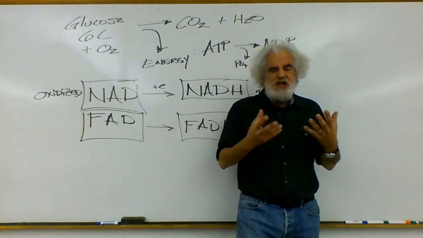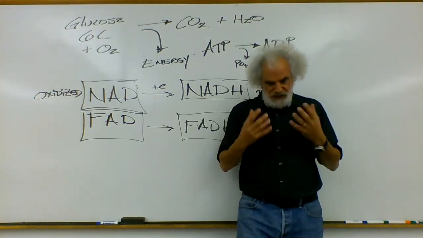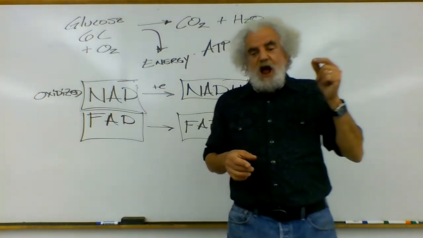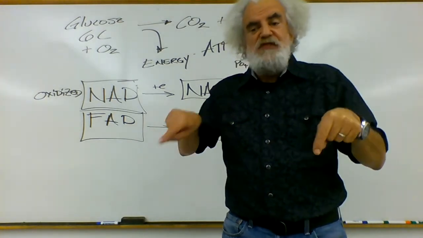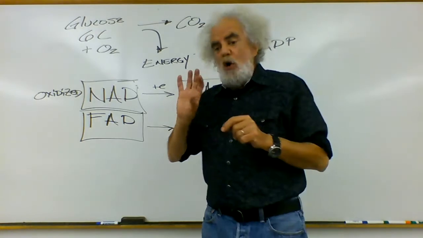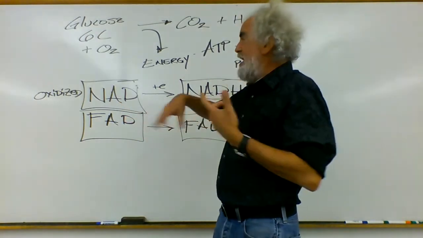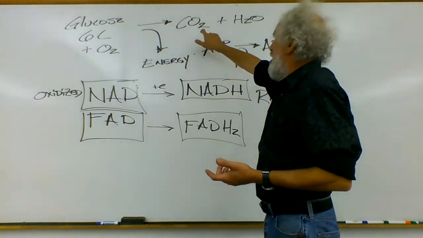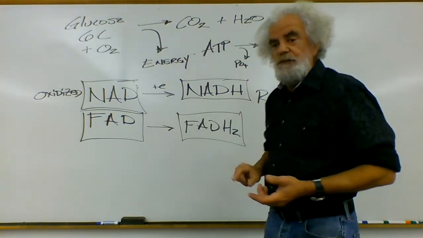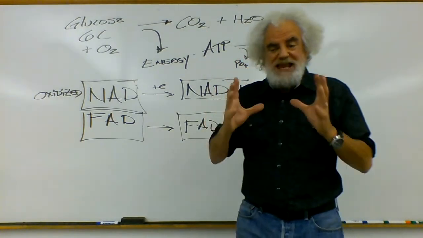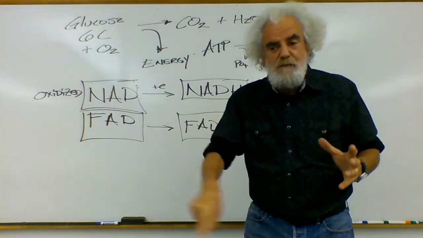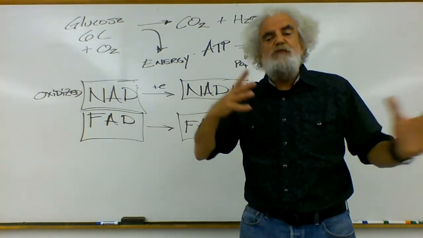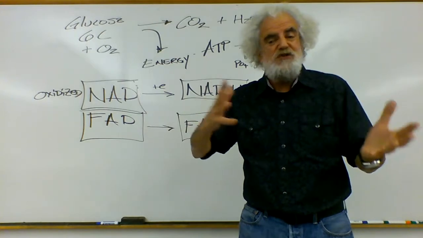And when we start thinking about metabolism in cells, there are things going in and things coming out. The only things, though, that are going in are glucose and oxygen, and the only things coming out are carbon dioxide and water. The stuff inside is simply being constantly recycled between these two states, between these two forms.